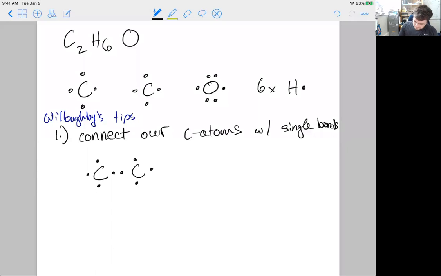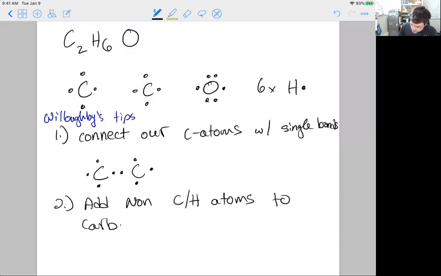So 2 carbon atoms that are connected by a single bond. And then in step 2, I'm going to add non-C or H atoms to the carbon open sites.